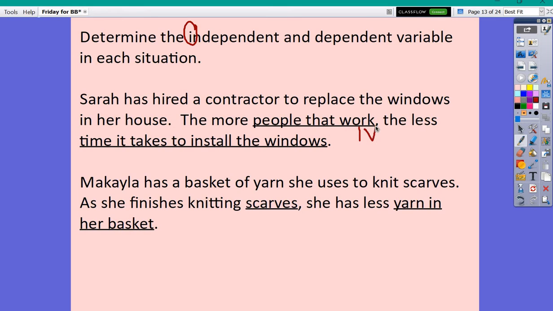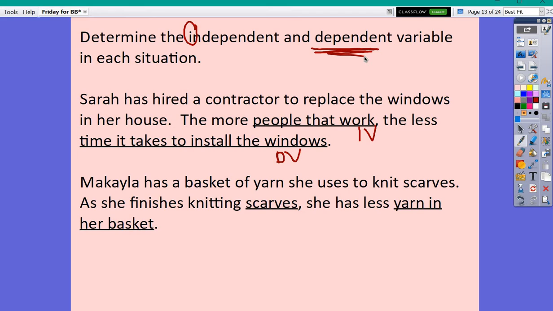So that is the independent variable. So maybe Sarah can hire more people, or maybe the guy who's running the work site can hire more people, but that one is controlled directly by a person, and then the time that it takes changes as a result. It depends on how many people are working. So that's our dependent variable.